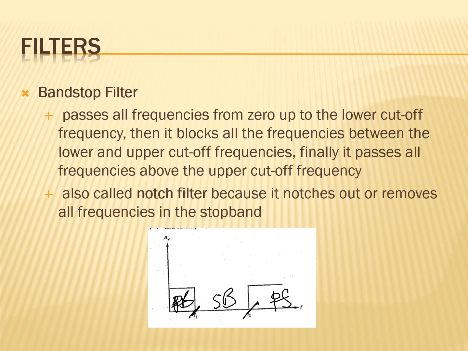And one more thing, we also have 2 vertical transitions. So we have here the first vertical transition and the second vertical transition. For bandstop filters, we have the same formula for bandwidth, the same formula for the quality factor, and the same formula for the center frequency.